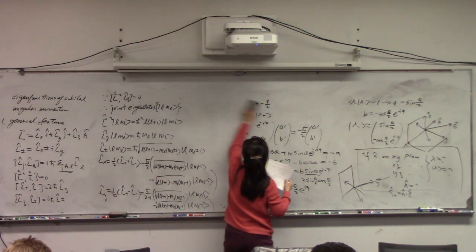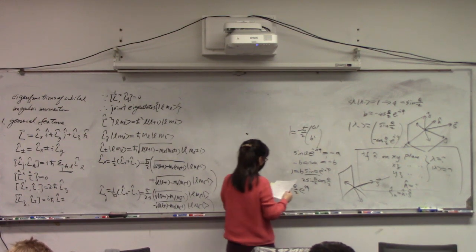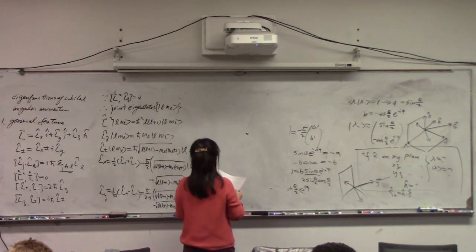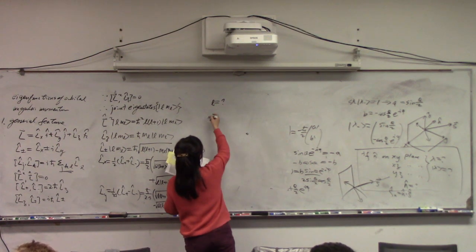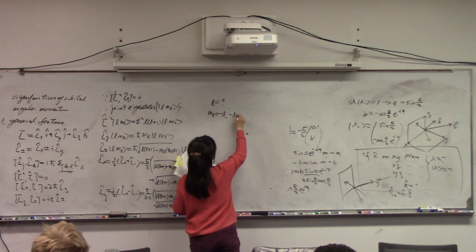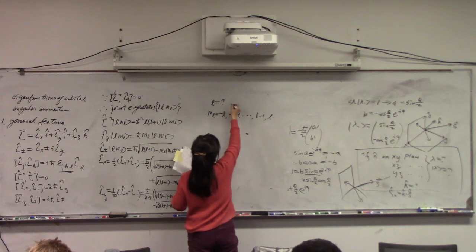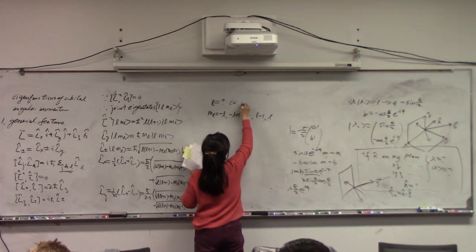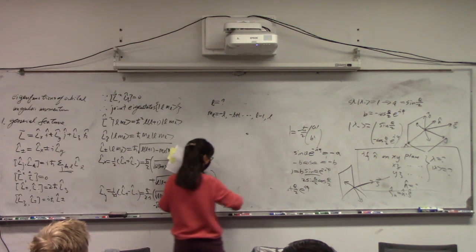Now, the next question is: we know for given l, ml is clear, right? Minus l, minus l plus 1, until l minus 1 to l. Sorry, I'm just clarifying the question.